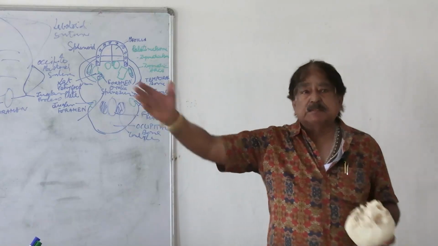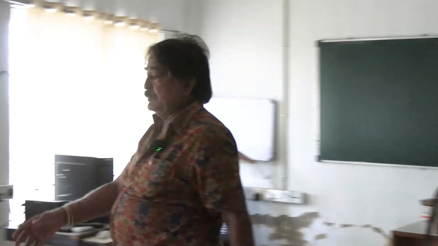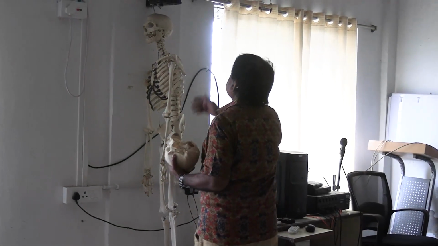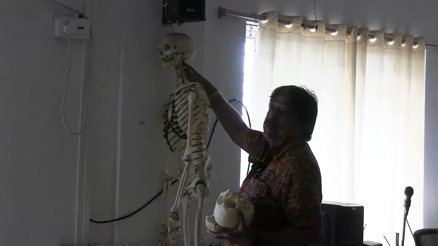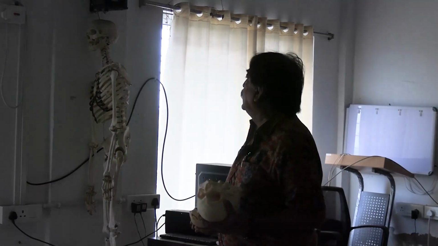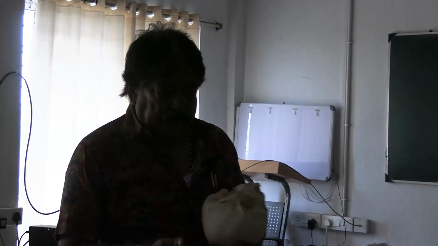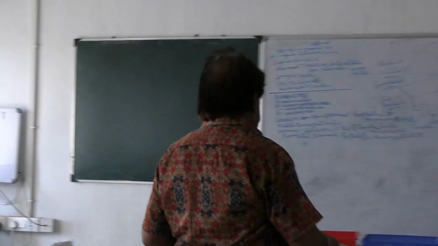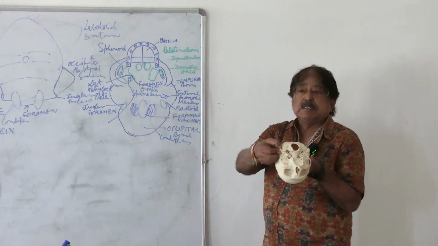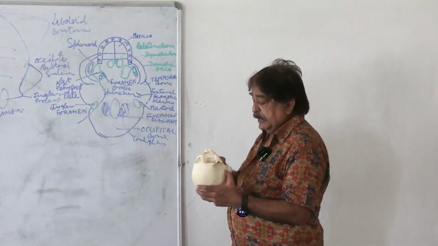Now that articulates with the vertebral axis, in the skull you see the atlas and the axis. Now, this is one part. The mastoid process, and the jugular foramen is here.